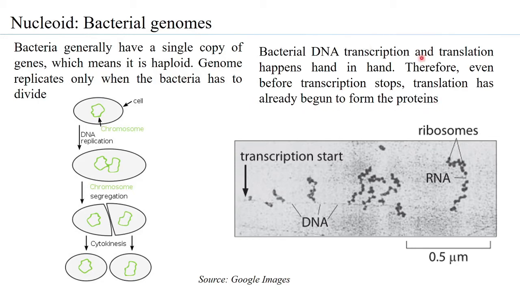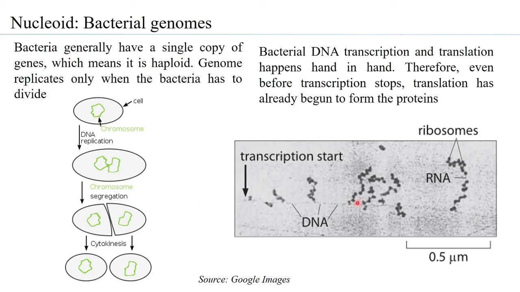So transcription and translation happen hand in hand within bacterial DNA, and because they happen at the same time, you can understand that the generation time of the prokaryotes is generally less, because everything happens very fast, almost at the same time.